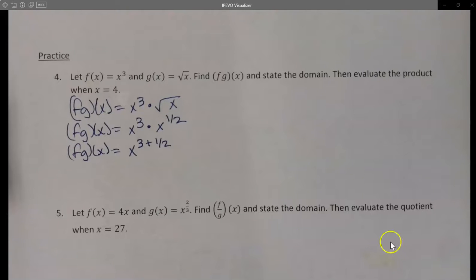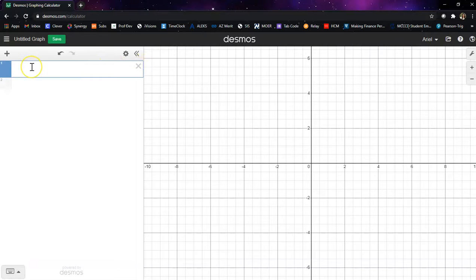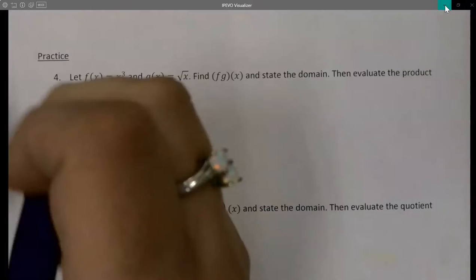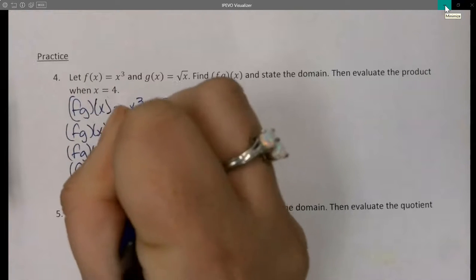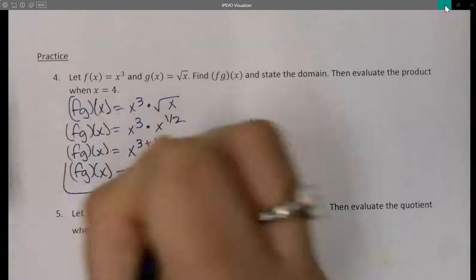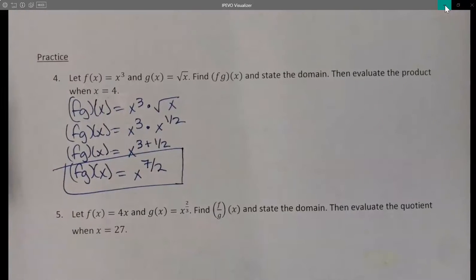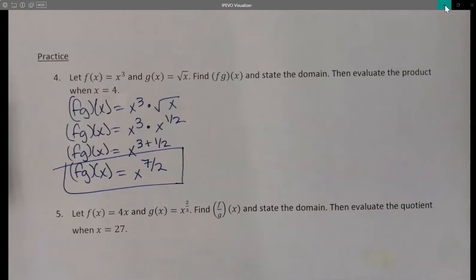Then I want to go ahead and add these. I change it back into a fraction, so it's 7/2. That's my equation. Then it wants me to plug in 4 for x.